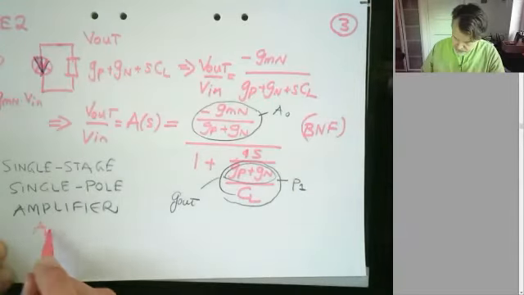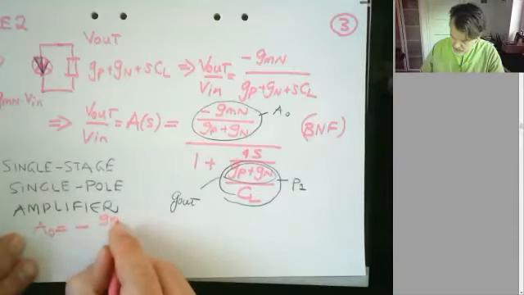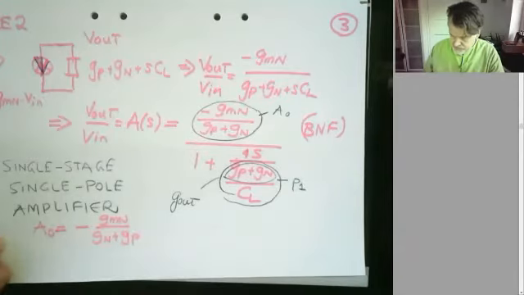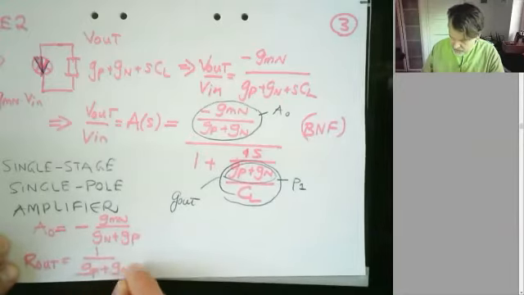So A0 is minus GMN divided by GN plus GP. We have G out or R out is equal to 1 over GP plus GN.